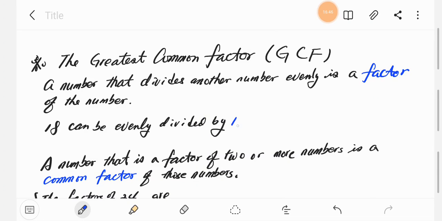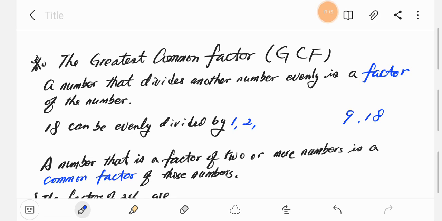1, right? 1 times 18 is 18, so 1 can divide 18. And 18 can also divide 18. Also 2 can divide 18, since 2 times 9 is 18. Also 9 can divide 18.